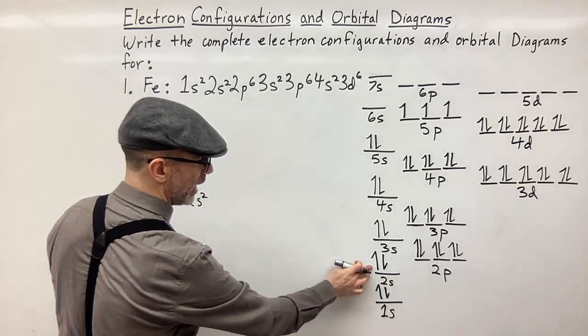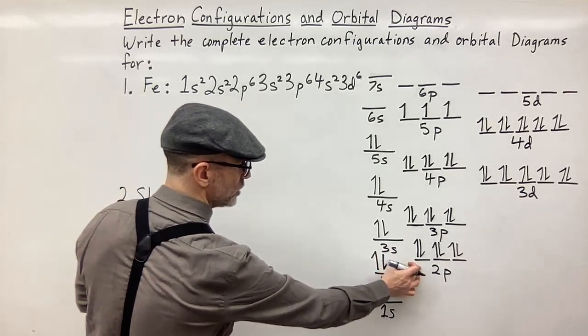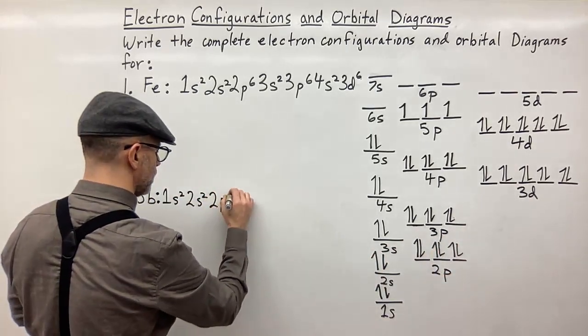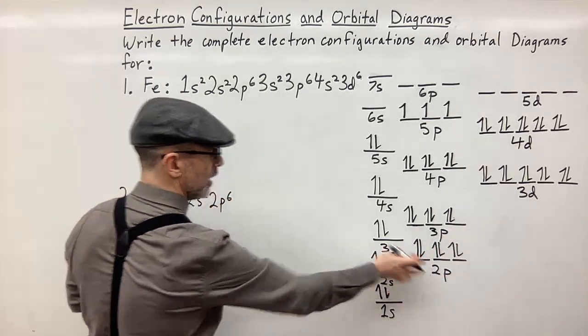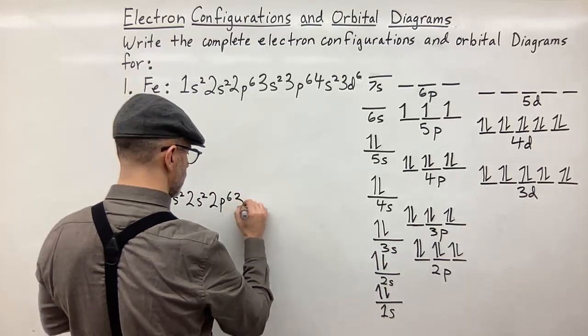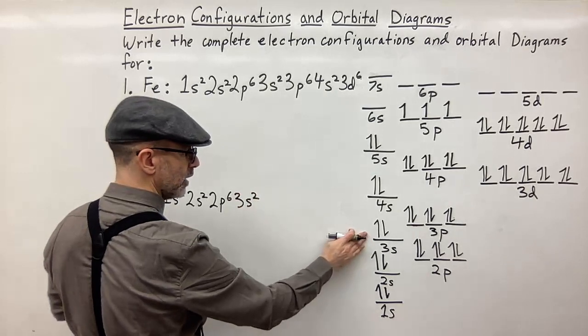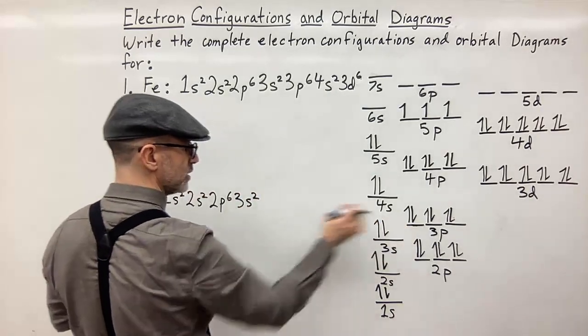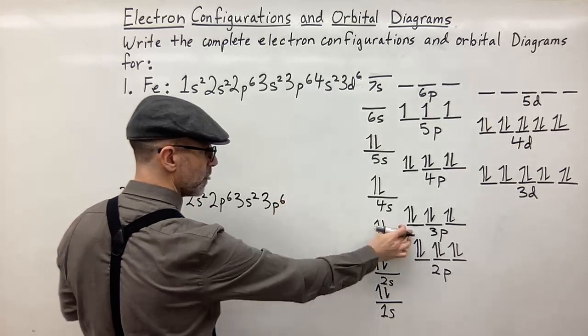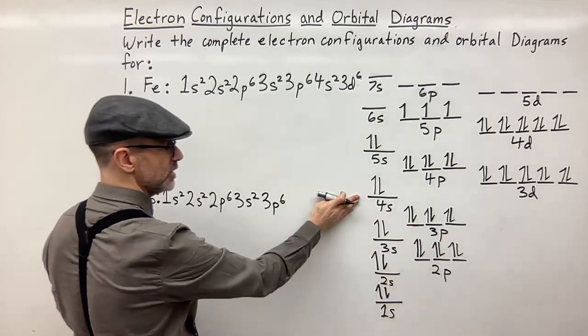And then I have 2p, which is next, that has 6 electrons. So that's going to be 2p6. And then I have 3s next with 2 electrons, 3s2. And then the 3p is next with 6 electrons, 3p6. And then the next is 4s.